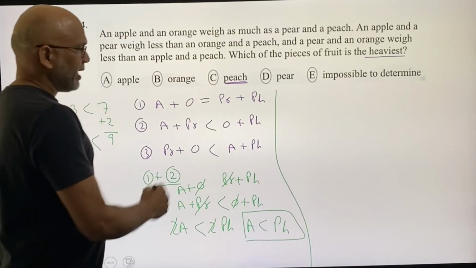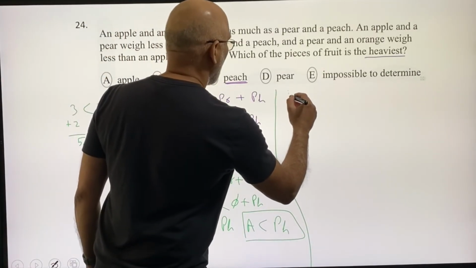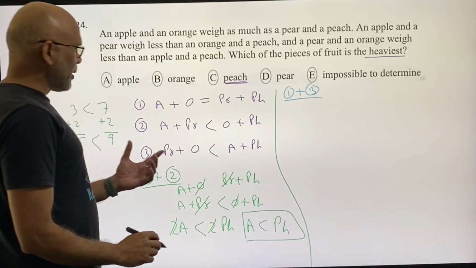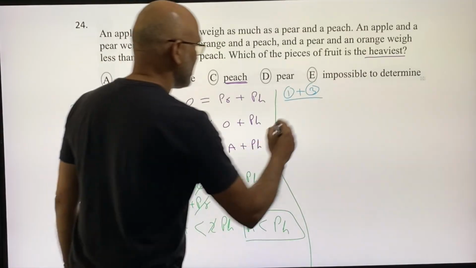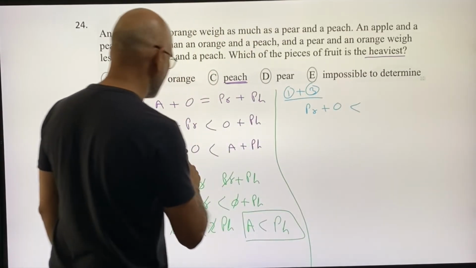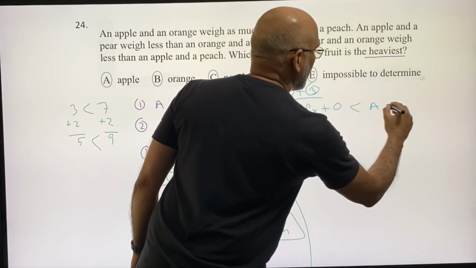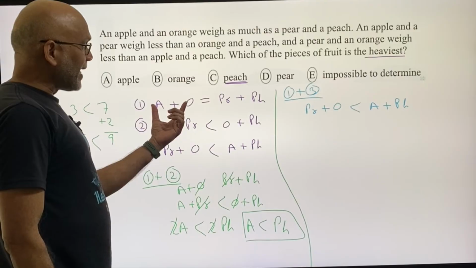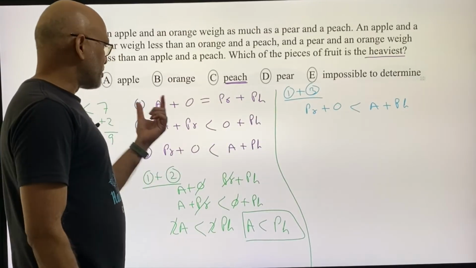Next, let me do 1 plus 3. I'll do it the same way. I'll first write down equation 3. So that is PR plus O less than A plus PH, and then I'll add equal amount to both sides from equation 1.